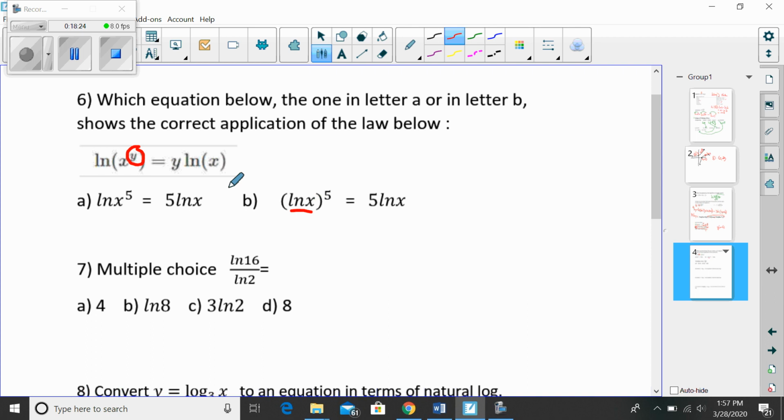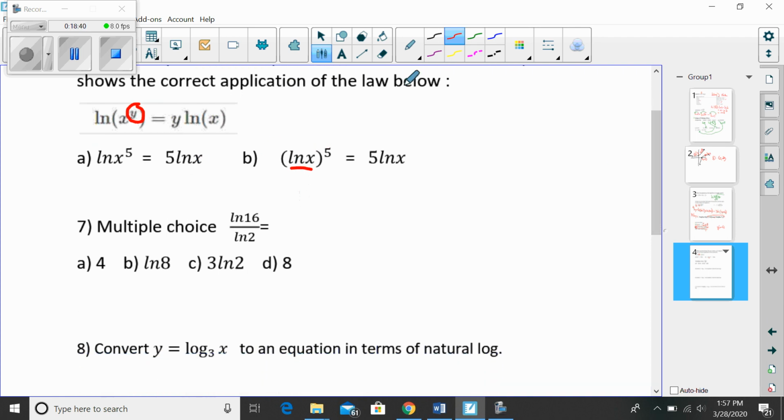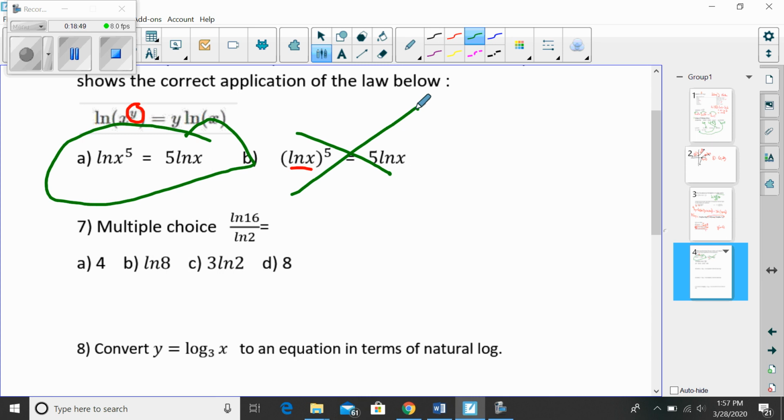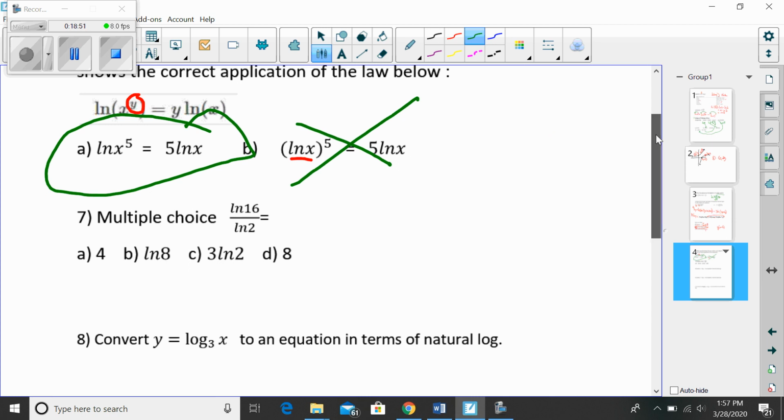Okay, so which of these is the correct application of the law? And I hope you identified this one. That would be correct. This would be incorrect.